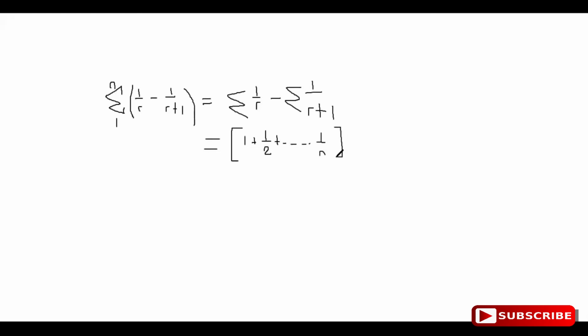Minus, the sum on this side: we plug in 1 to get a half, plus a third, and keep going all the way up to r as n minus 1, where n minus 1 plus 1 is n, so we get 1 over n, and the final term is 1 over n plus 1.